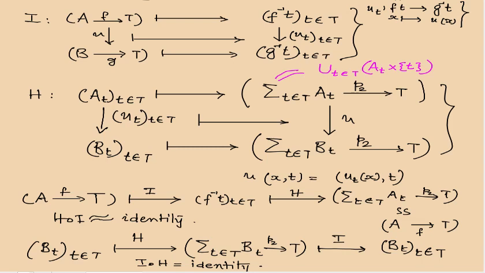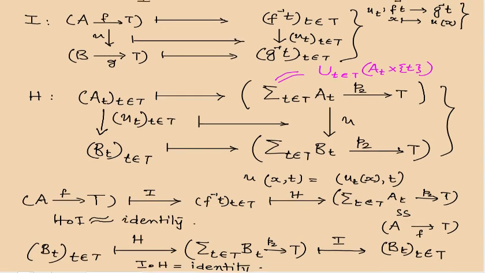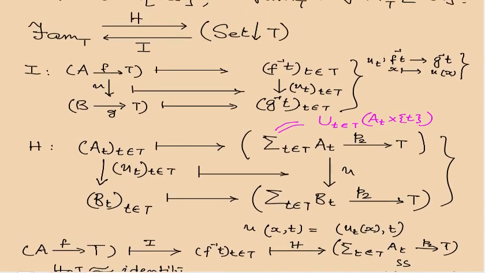So what is the story? The functors come and go back, they do not exactly produce the identity in either way. In one way, if I start off with H and I come back with I, I get back the same thing. But if I start off with I, I do not come back at the same place, but I arrive at a place which is isomorphic.